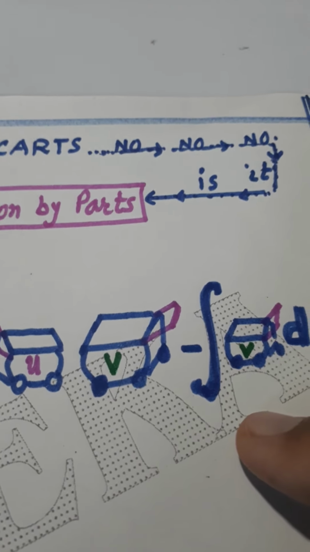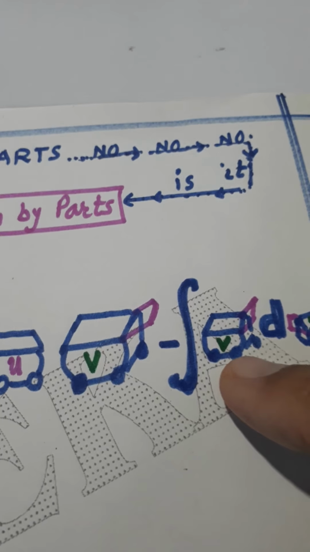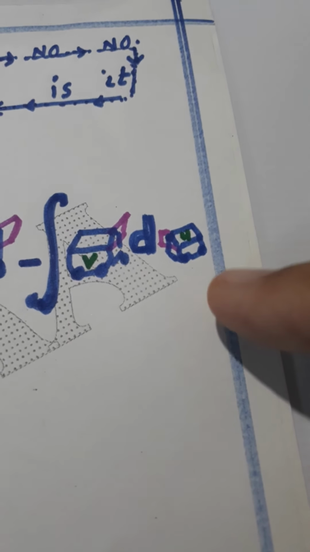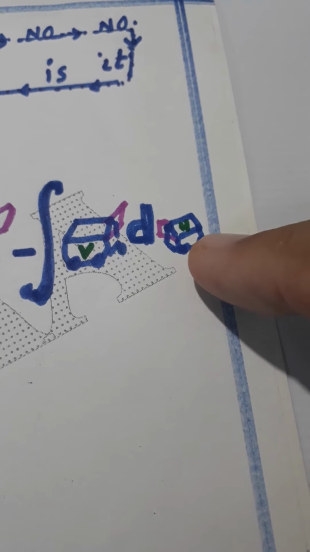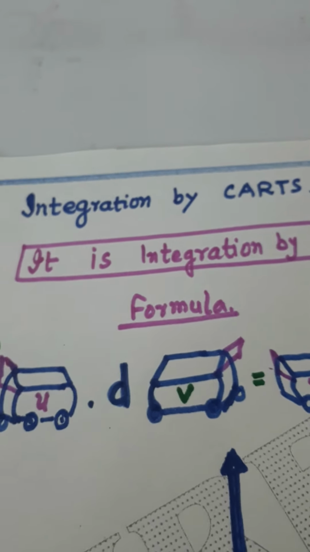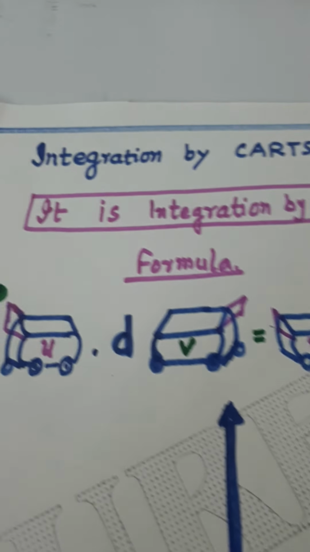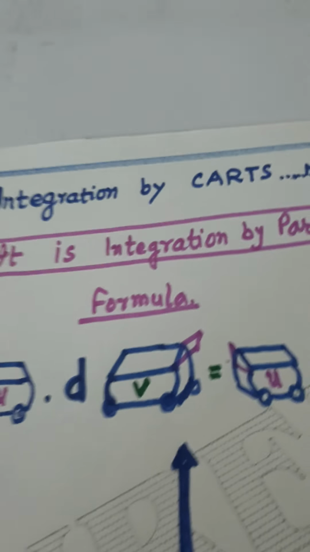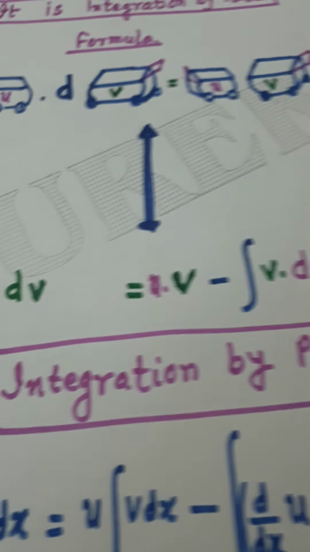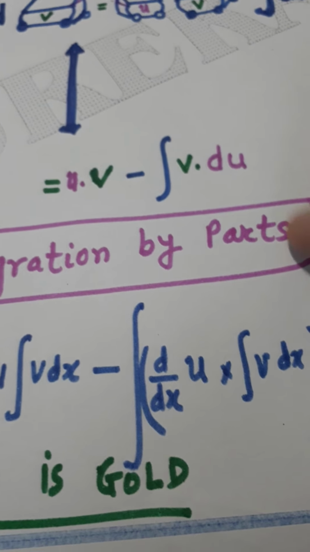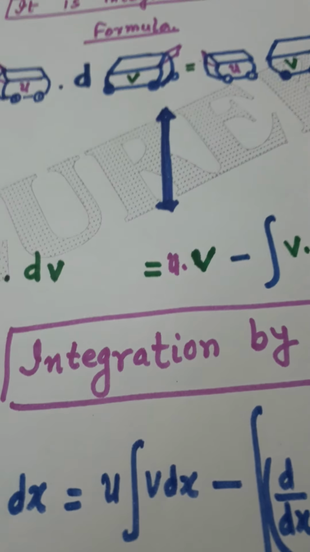Minus v, again card is there, du, card is there. So the functions have been replaced by cards, and the name has become integration by cards. This is the formula for integration by parts.